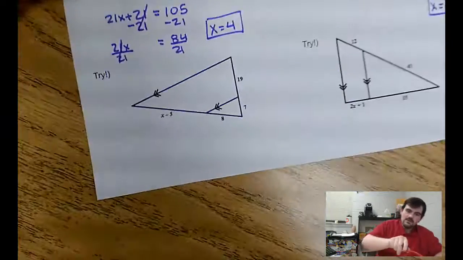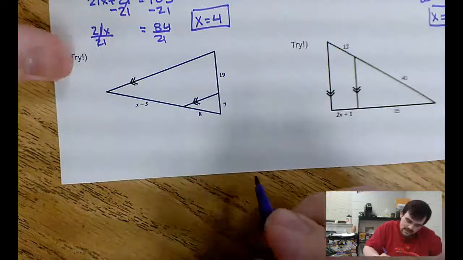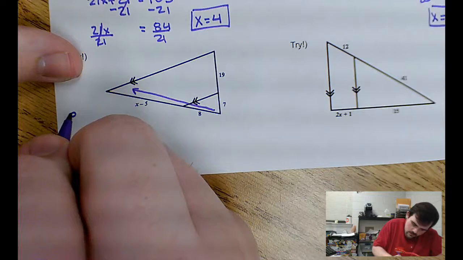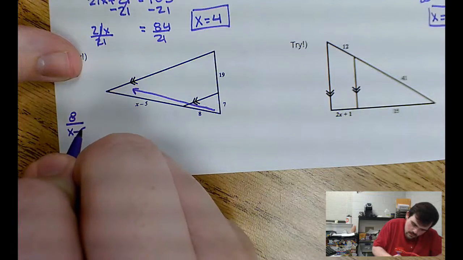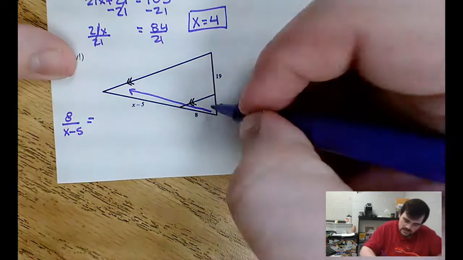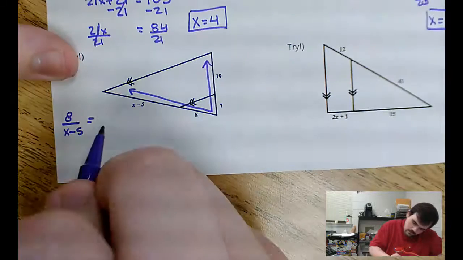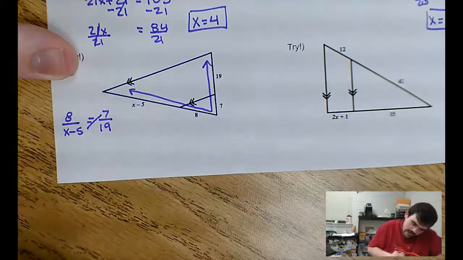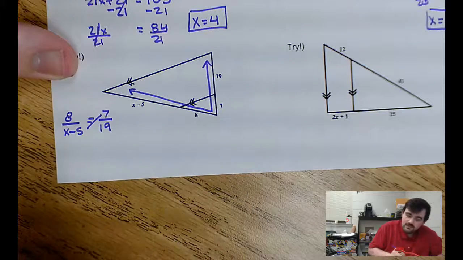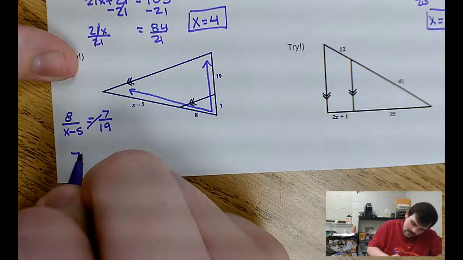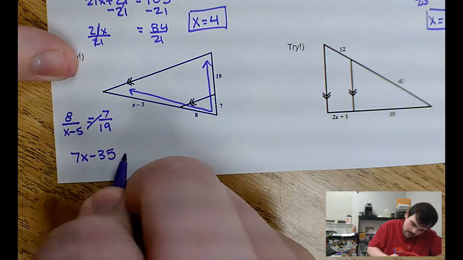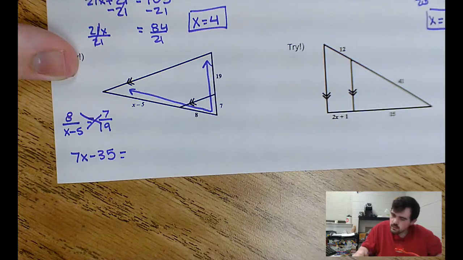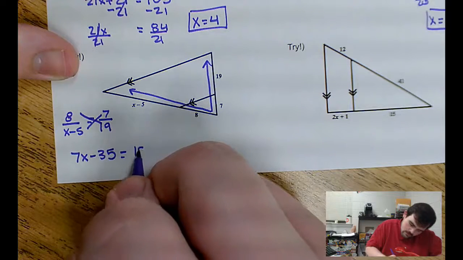Okay, moving on down to the next to last. I've got 8 over x minus 5 equals 7 over 19. Cross multiply. X minus 5 times 7 will give me 7x minus 35 equals 8 times 19, which is 152.